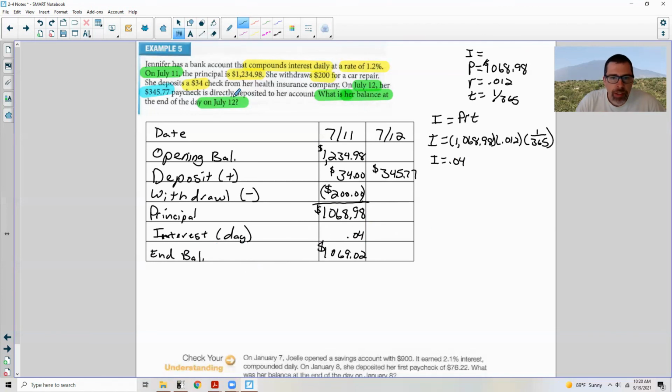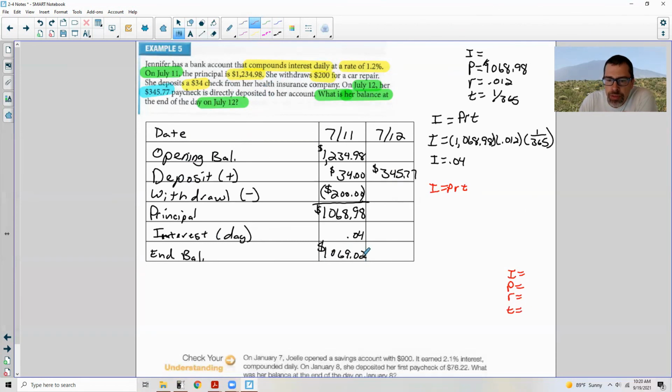So what is her balance at the end of the day on July 12th? Now we have to take this amount plus that amount, and that'll be the principal we use to calculate the interest. So on day 2, I equals PRT. And I'll put over here, I equals, P equals, R equals and T equals.